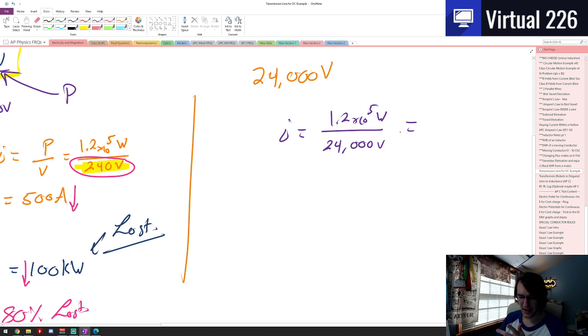In doing so, I'd only have a current of 5 amps. And then the power lost in the resistor is just going to be 5 amps squared times the 0.4. That's 25 times 0.4, which gives me something around 10 watts.